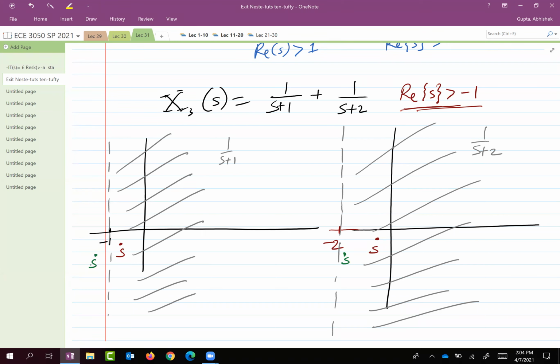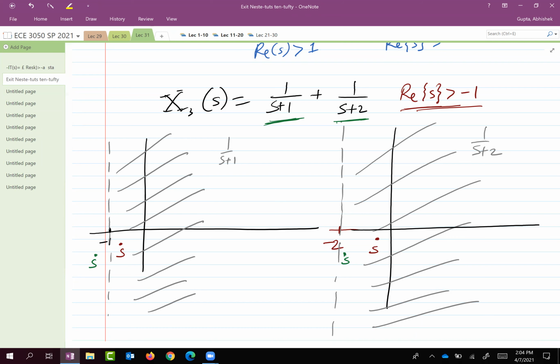If you look at this particular point s, then the first term is not defined at that s because that's not part of the region of convergence, whereas the second term is defined there. So unfortunately, we can't take that s. That s cannot be part of the region of convergence because the first term is undefined at that particular point s.